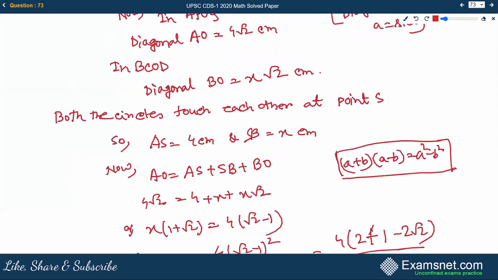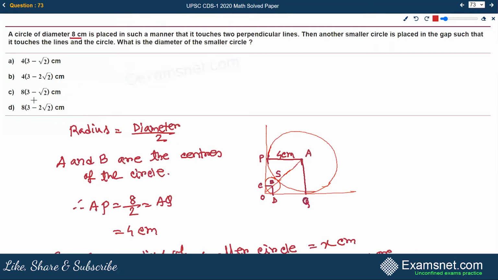So let me check the options. Here option D is the correct answer. 8 times (3 minus 2 root 2) centimeter is the correct answer.